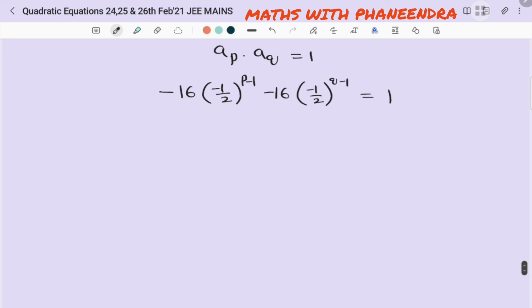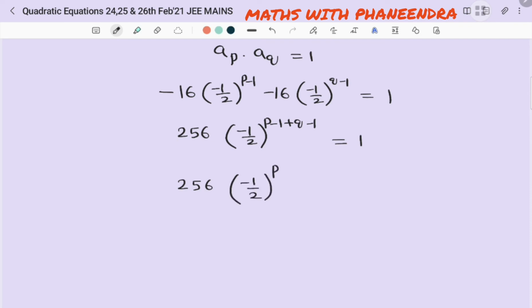Minus 16 into minus 16 is 256. Bases are equal, so powers should be added: minus 1 by 2 whole power p minus 1 plus q minus 1 is equal to 1. So 256 into minus 1 by 2 power p plus q minus 2 is equal to 1.